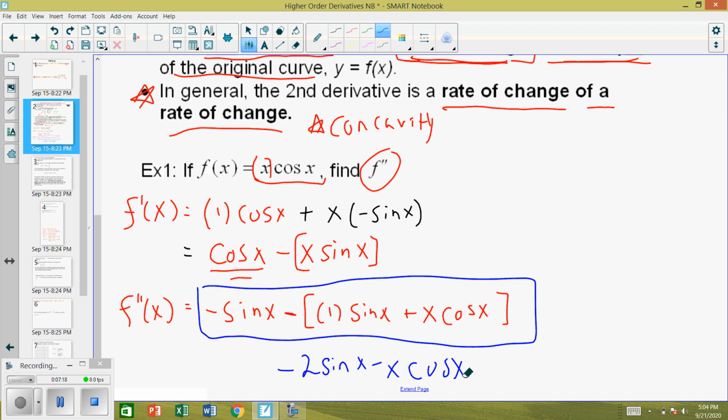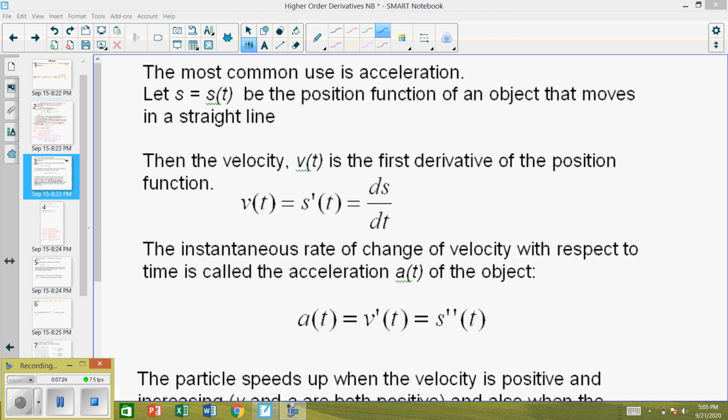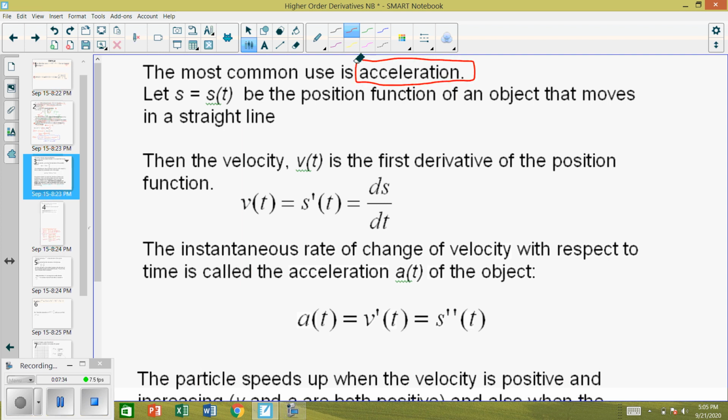But the question is, what does that mean? What does the second derivative mean, and how do we use it? Well, the most common application for the second derivative is acceleration. So let's take it back a few lessons when we were discussing how velocity was the same thing as rate of change, or the slope.